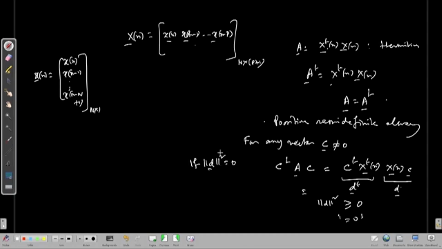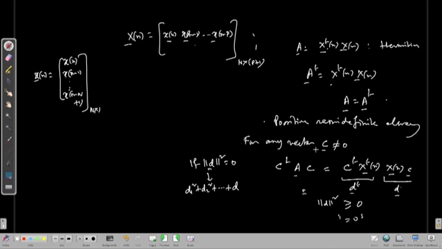Now what is this norm of D square? Norm of D square is D1 square, D2 square, D what? X n into C. So it will be n cross 1 vector. X n is n cross p plus 1. You are multiplying by C. C is p plus 1 cross 1.